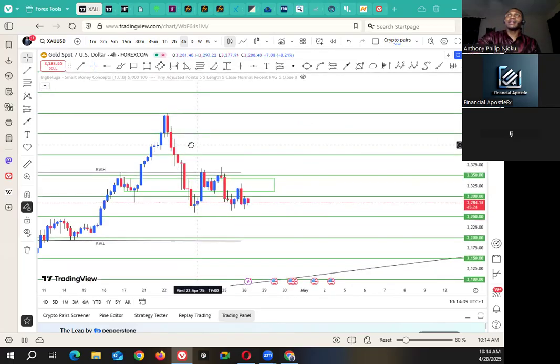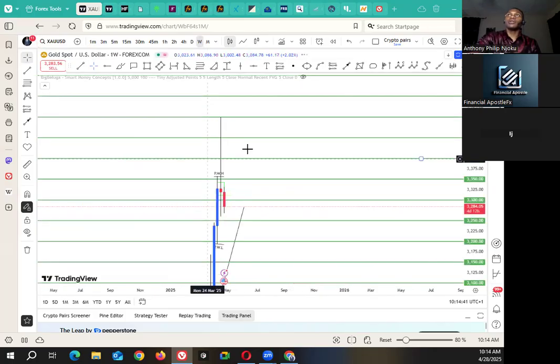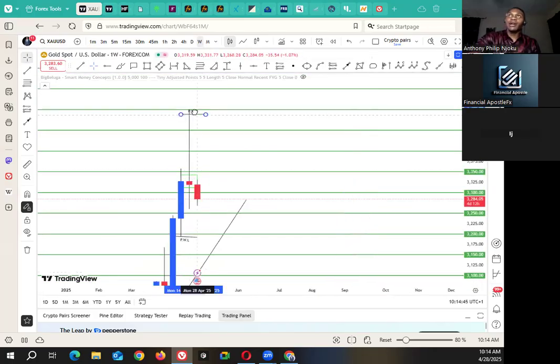So with that in mind, we can now give a much more updated version of this analysis. We'll go to the weekly time frame first, then we mark the previous week high. The previous week high was 3,500 per ounce. Then this is the previous week low over here. Then we go to the daily time frame.